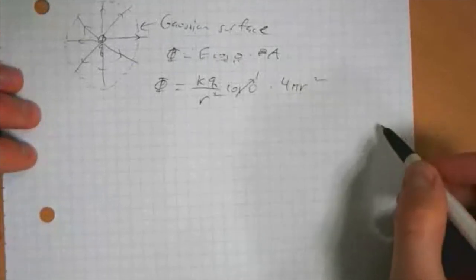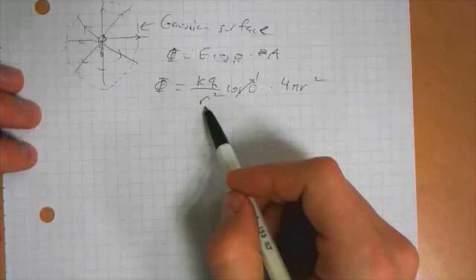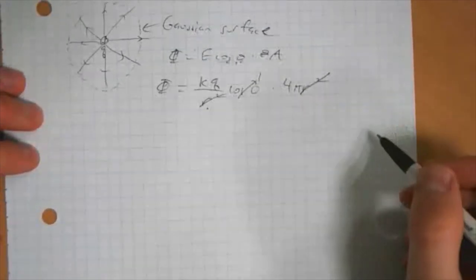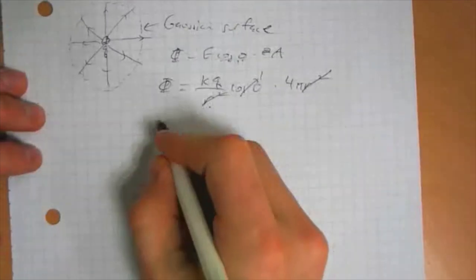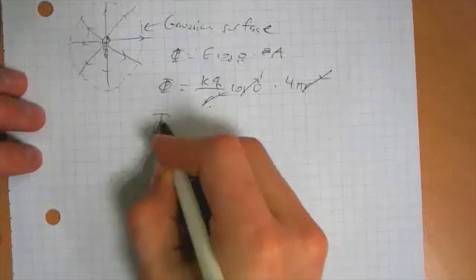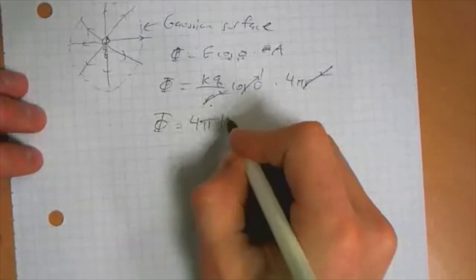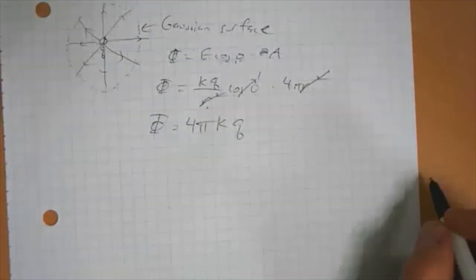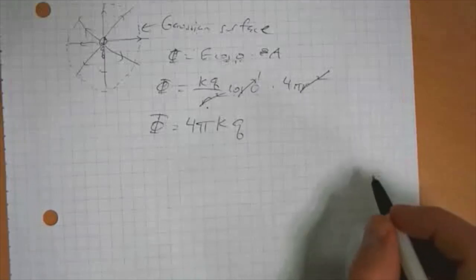So we can see here, it doesn't actually matter how big the sphere is. The values of r cancel out, and we're left with a flux equal to 4 pi k q. Now k, I think I mentioned this before, is actually a contrived constant.